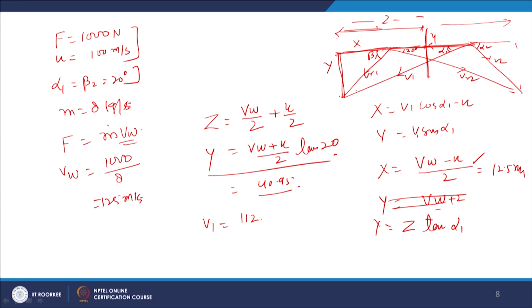V1 cos alpha 1 is equal to VW plus u by 2. This is VW by 2 plus u by 2. These values are known. From here we will get the value of V1, and that V1 is 119.7 meters per second.